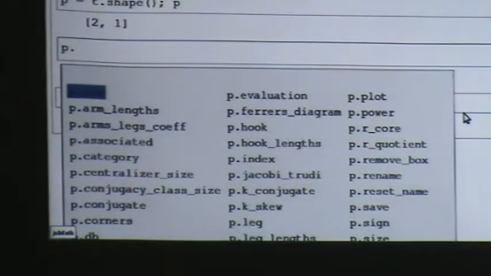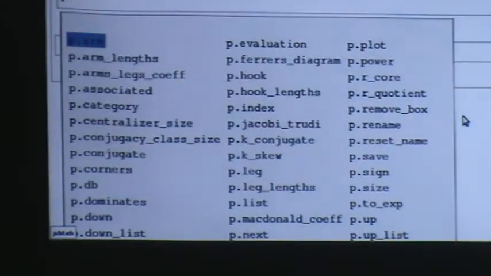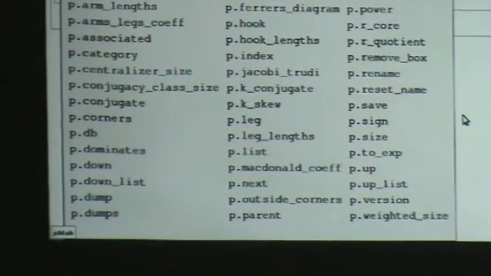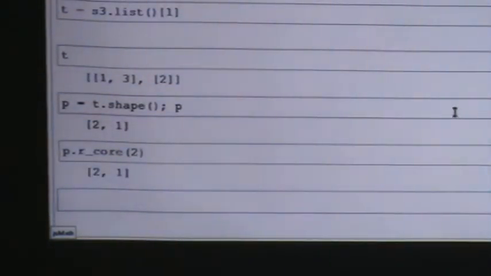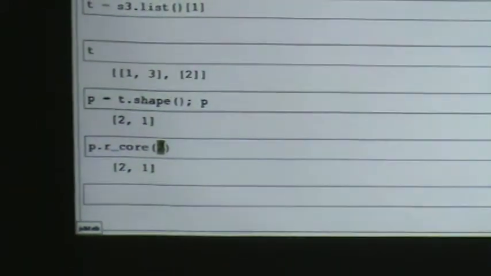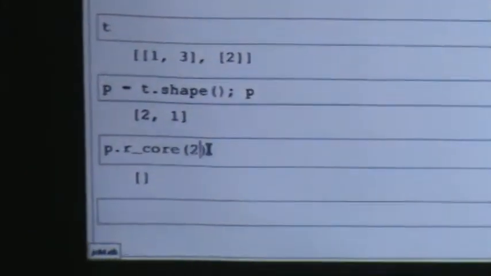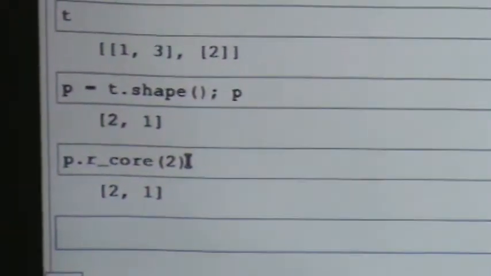A natural thing to do is ask what partitions you get by taking away a box, and those are the ones that you get. Or if you're interested in modular representation theory of the symmetric group, you can get a 2-core or k-core of a partition.